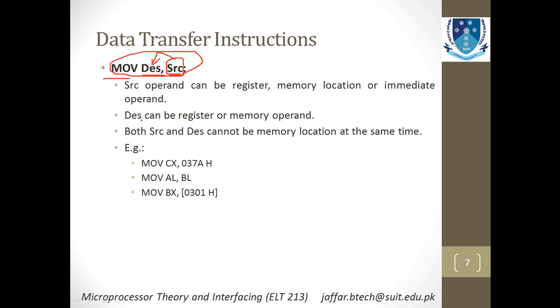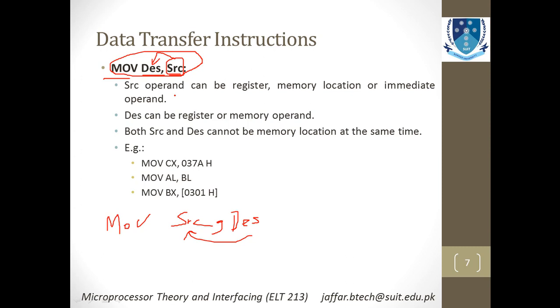Or you can do the vice versa: if you want to move data from destination to source, you just reverse the order of the operands, and the command will copy the data in the backward direction. This is the difference between these two instructions.